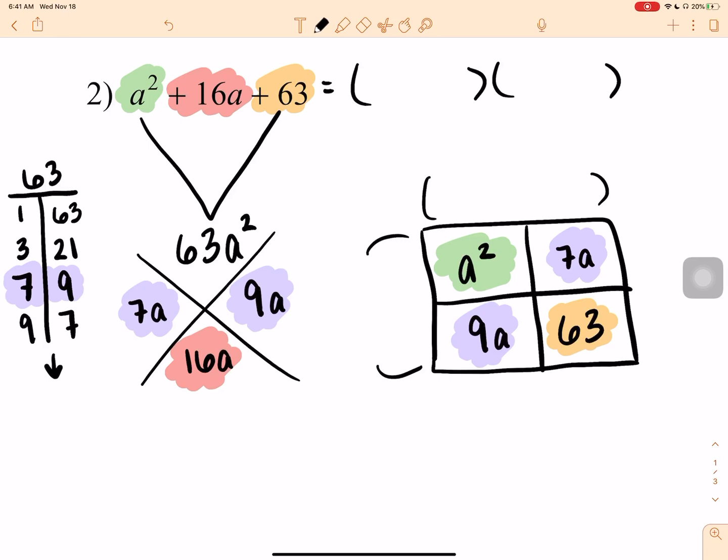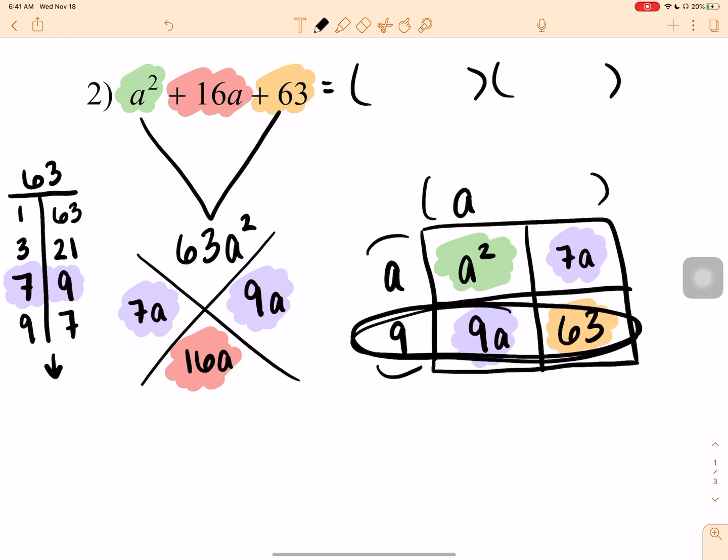Okay, so my GCF here, a squared and 9a, is a. My GCF here between a squared and 7a is also a. Okay. And then my GCF here, 9a and 63, both of those are divisible by 9. You can also see, okay, a times 9 is 9a.